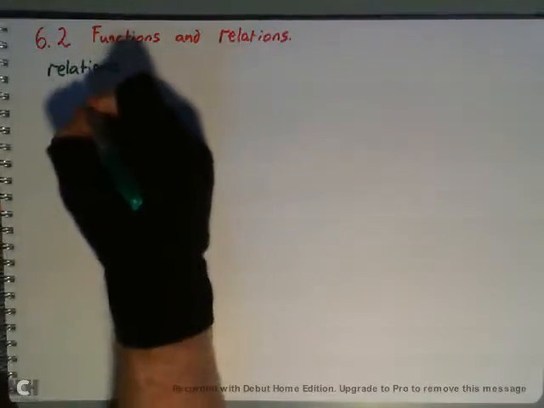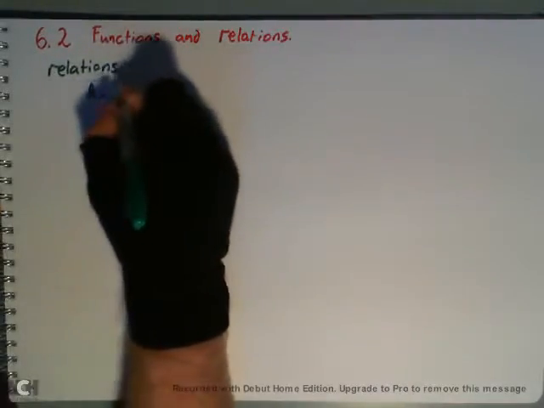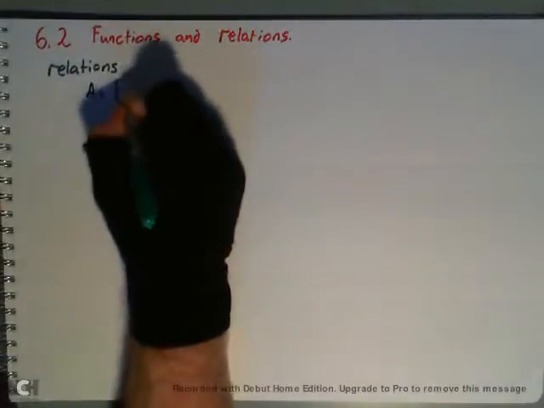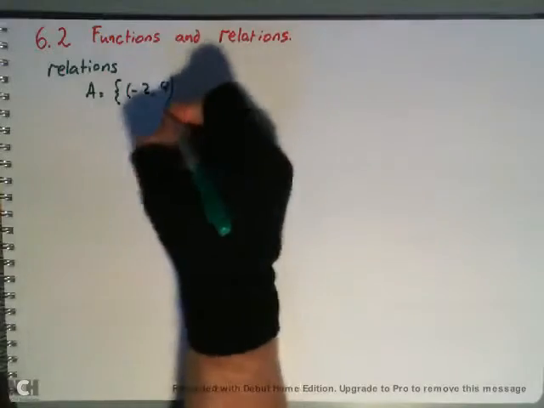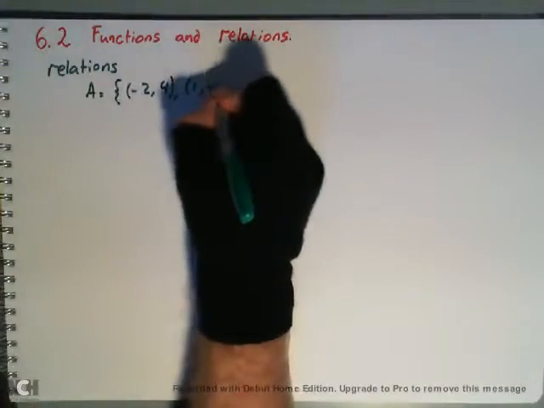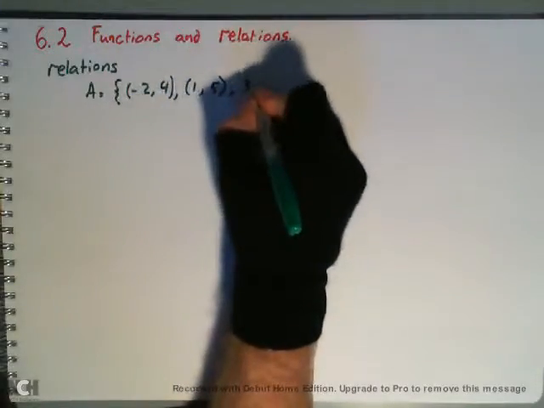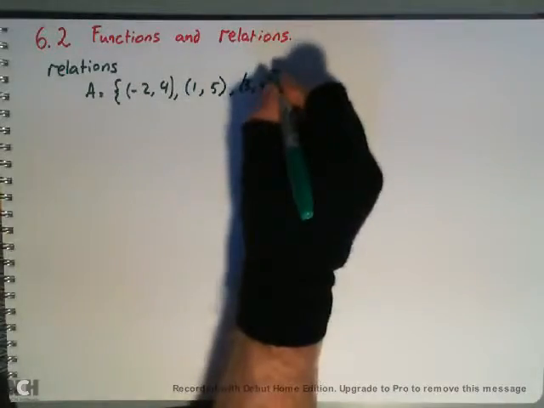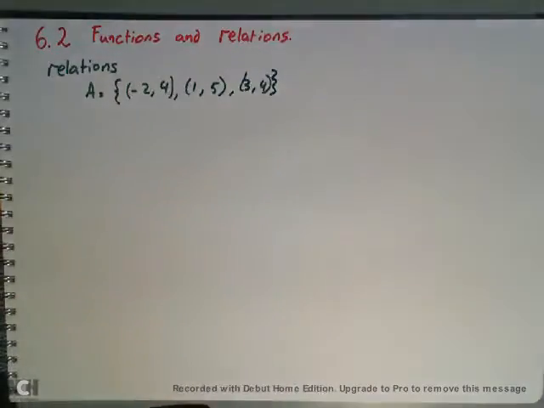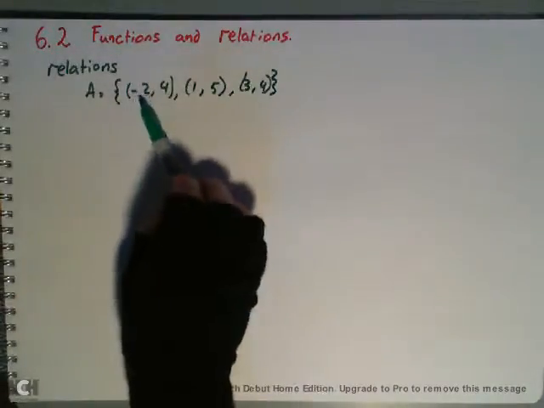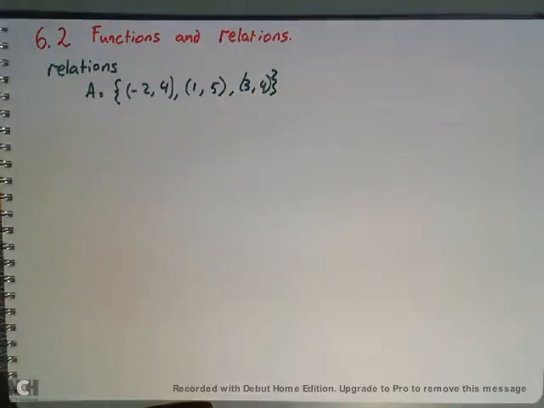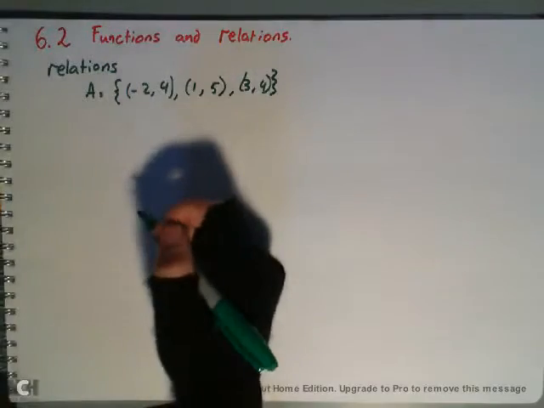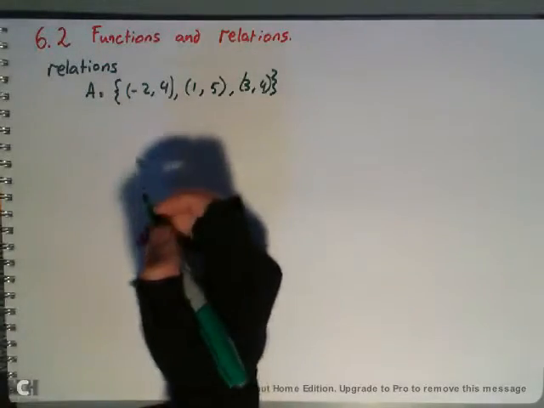Examples. So it could include A is equal to the set of the points (-2, 4), (1, 5), (3, 4). Okay, so we're saying A is 3 different points, where the ordered pairs have been listed.